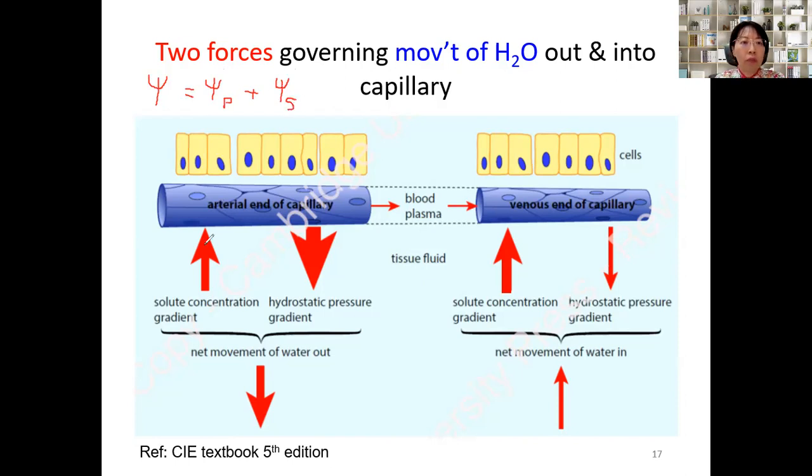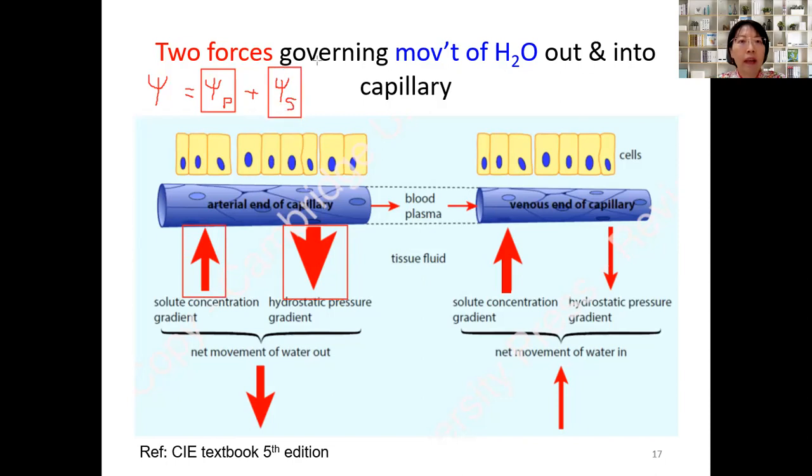So this arrow here represents the effect of psi P on the movement of water molecules, and this arrow here represents the effect of psi S on the movement of water molecules.